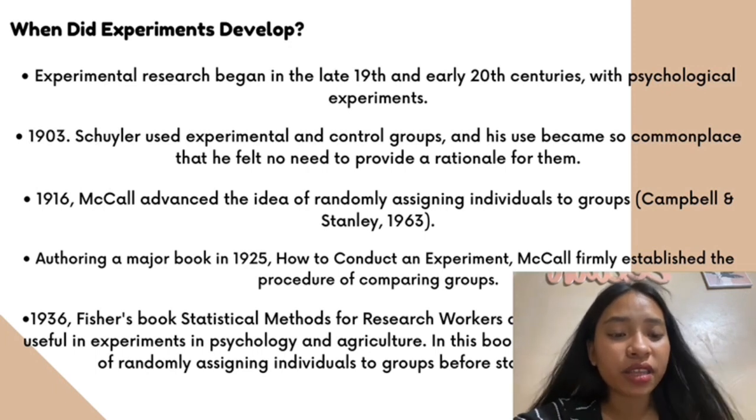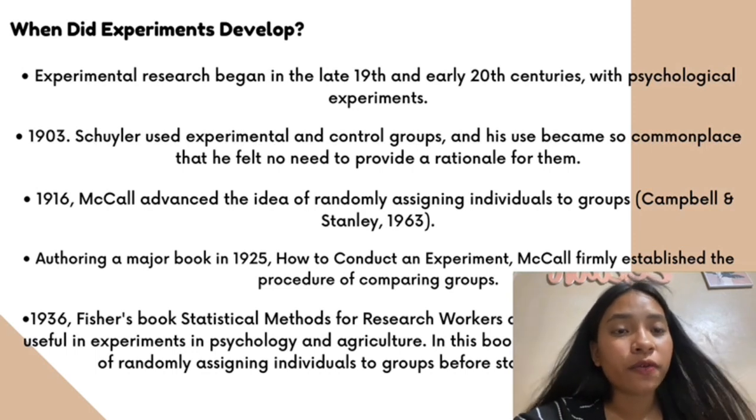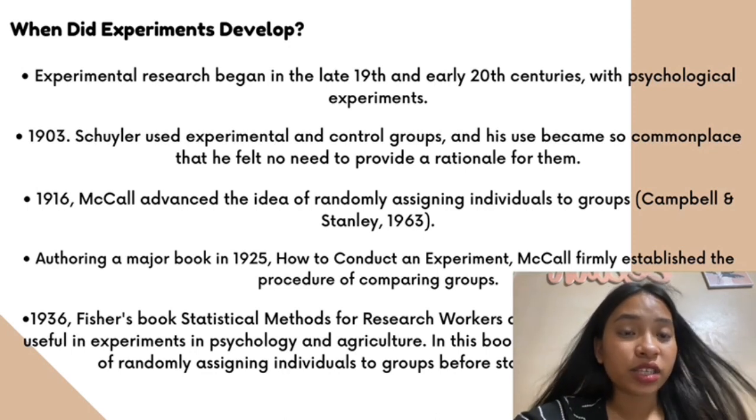McCall firmly established the procedure of comparing groups. In 1936, Fisher's book, Statistical Methods for Research Workers, discussed the statistical procedures useful in experiments in psychology and agriculture.